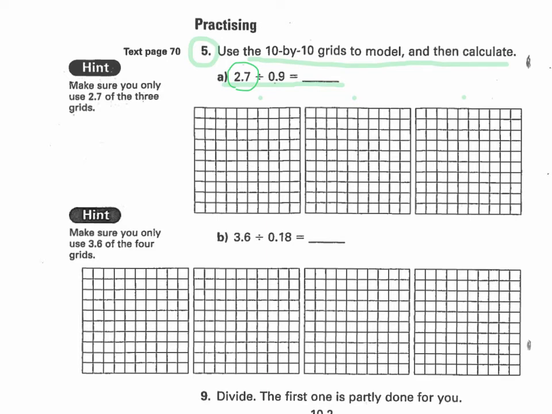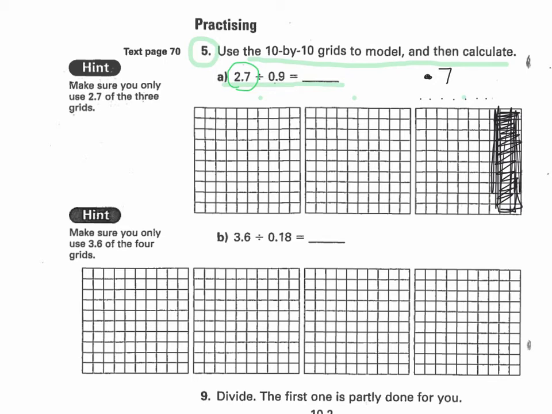I only need 2 full grids and then 0.7 for the last one. 1, 2, 3, 4, 5, 6, 7. I do not need these 3 columns, so I'm going to block them off. Now I have 2.7 represented.